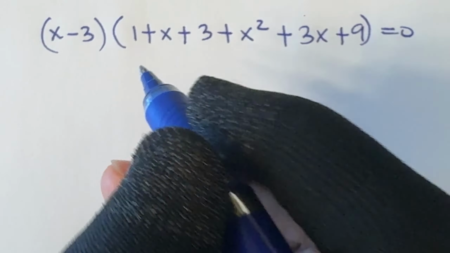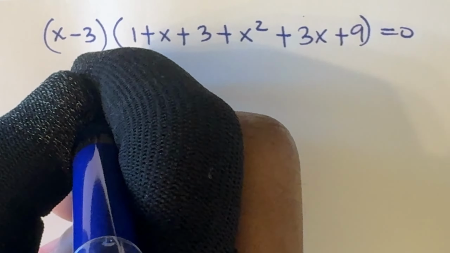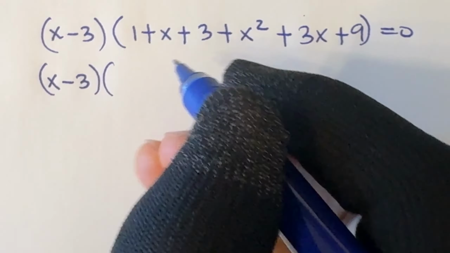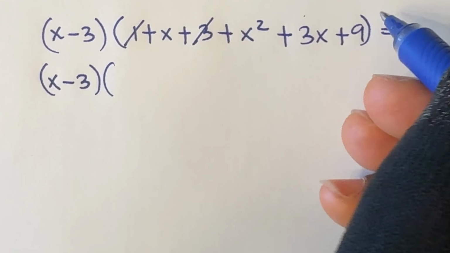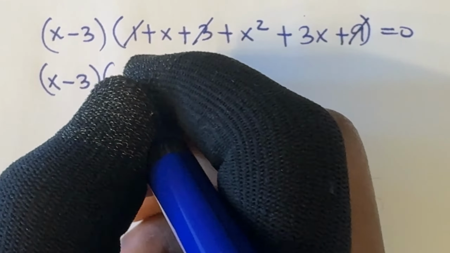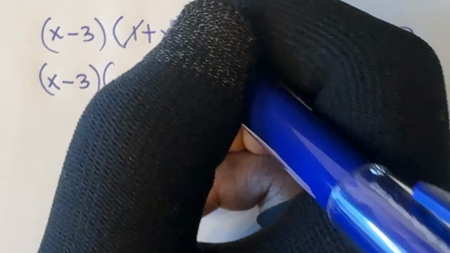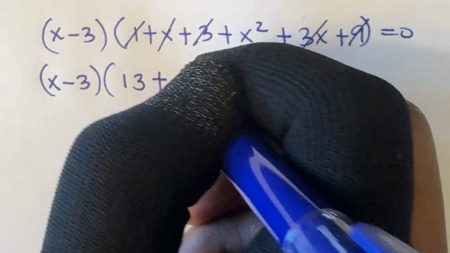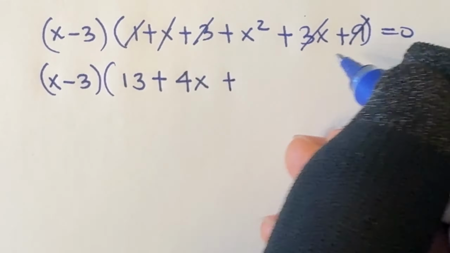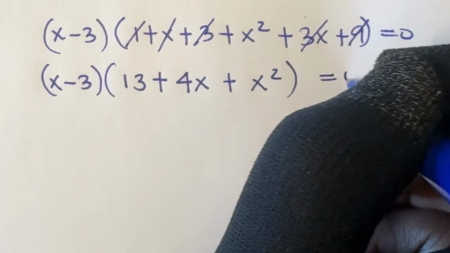To tidy this up, we are going to have x minus 3, then 1 plus 3, that's 4, then plus 9, that's 13, then plus x here, plus 3x, that's 4x, then plus we are left with x squared is equal to 0.